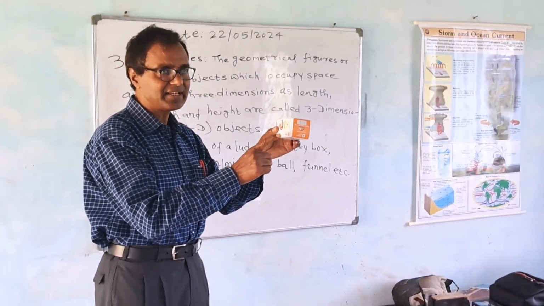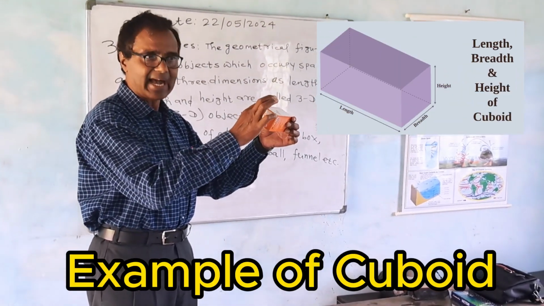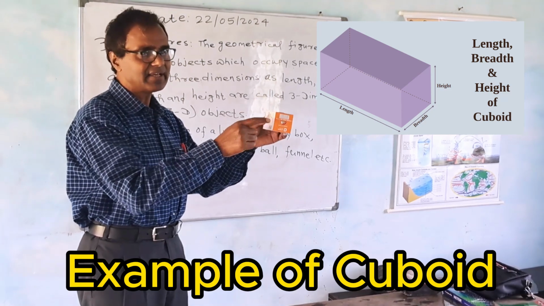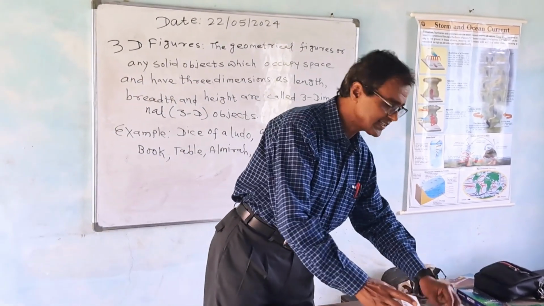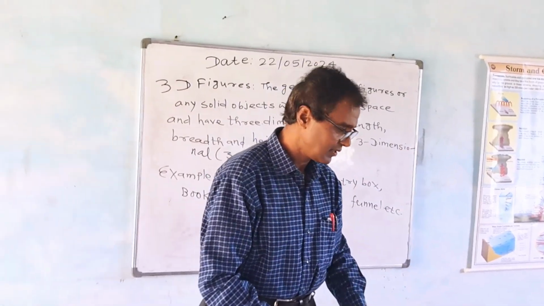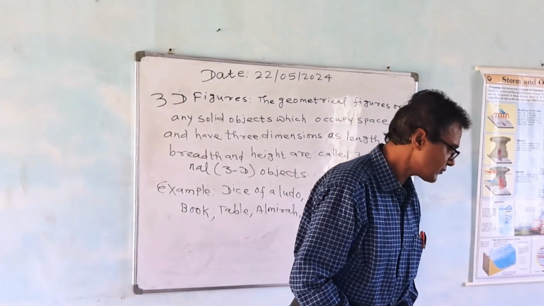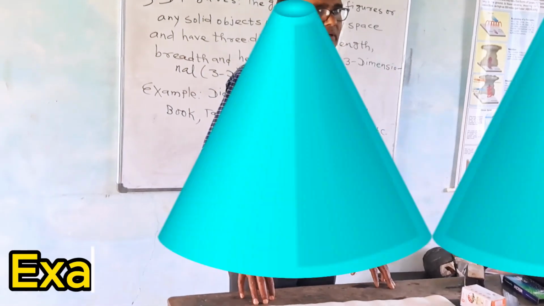It is like a cuboid. Length, breadth, height. So it is an example of a cuboid, and this is an example of a cube.